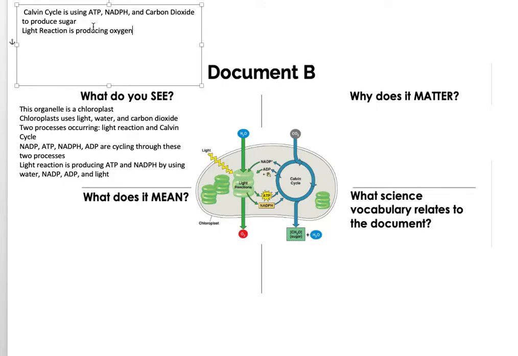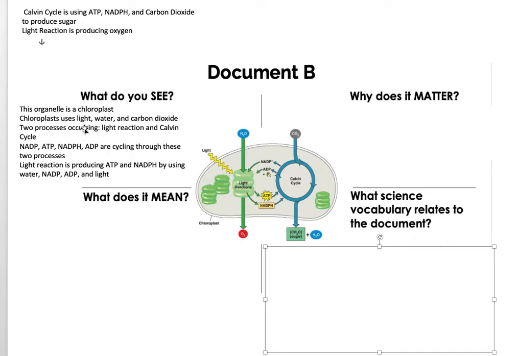Okay. This entire process is not mentioned here, but now that we've gone through all of these things that we see, we know, okay, chloroplast obviously is going to be a science term. And in the chloroplast, we know that this process is photosynthesis. We know light reaction.